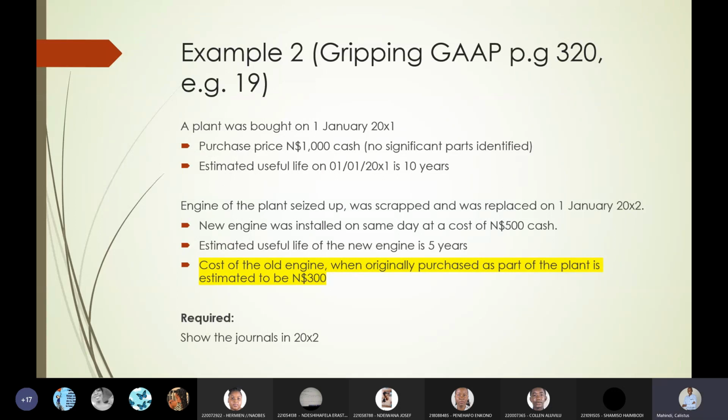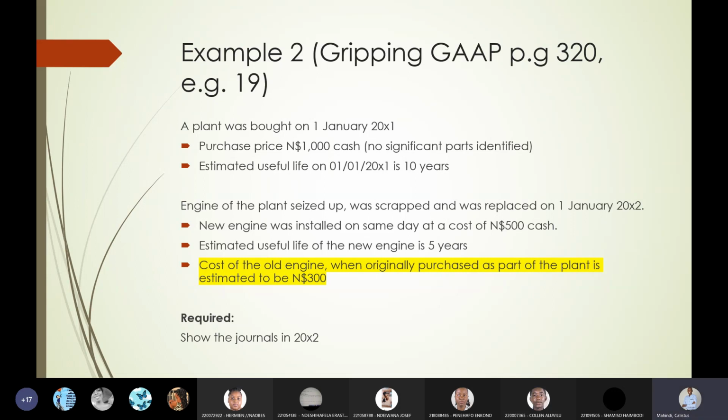Now, what happened was that the engine of the plant seized up. It was scrapped and replaced on 1st of January 20X2. So 1 year afterwards, the engine seized up, and the new engine was installed on the same day at a cost of 500 cash. The estimated useful life of the new engine is 5 years.